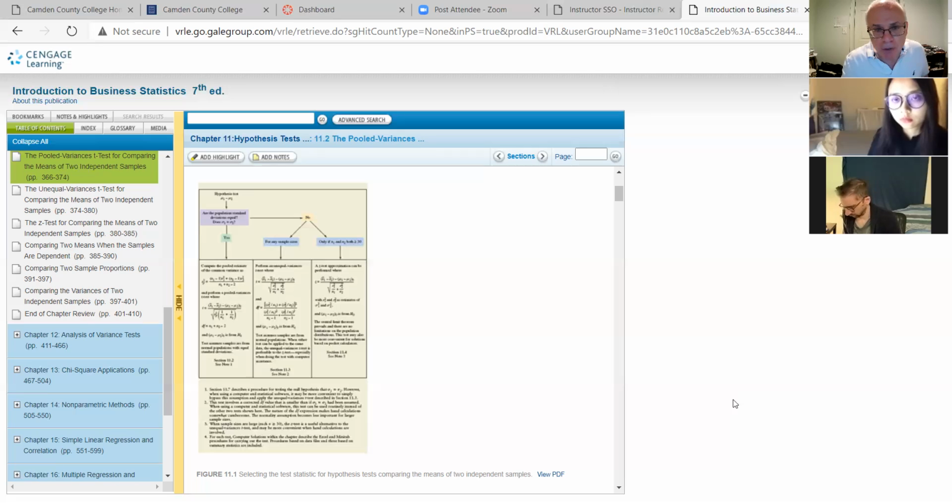Now, the question is, does Minitab have some functionality for this? Let's take a look at Minitab. I'm hoping that Minitab can do it for Mac also.